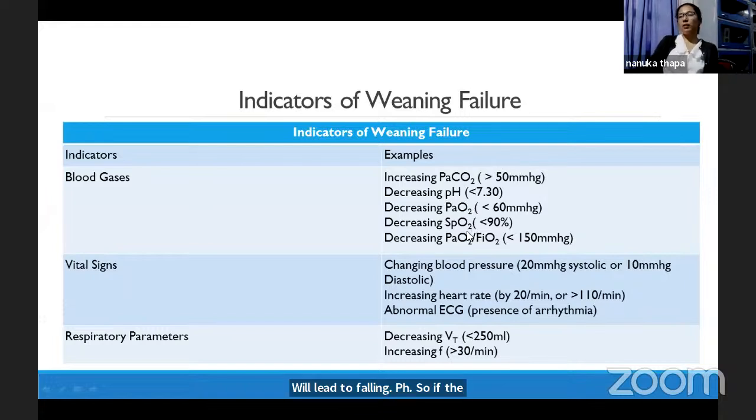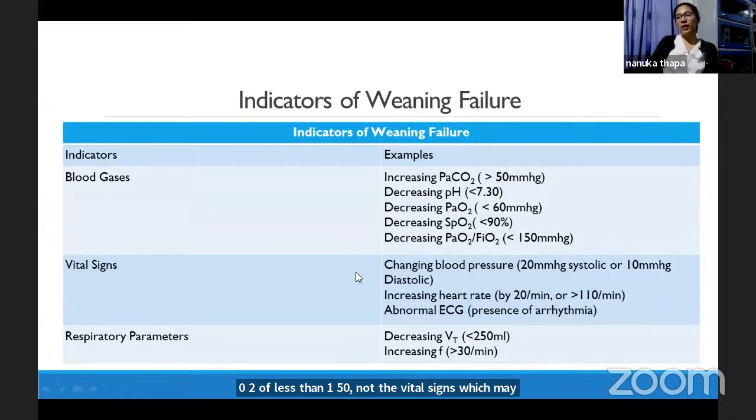Development of hypoxia, either the pulse ox showing a saturation of less than 90%, or ABG showing an arterial tension of oxygen of less than 60, or a PF ratio, that is the ratio of PaO2 and FiO2, of less than 150. Now, the vital signs which may tell weaning failure are, again, change in blood pressure.